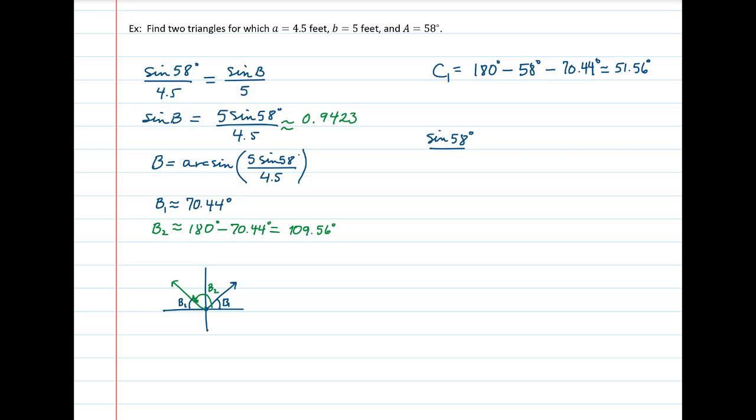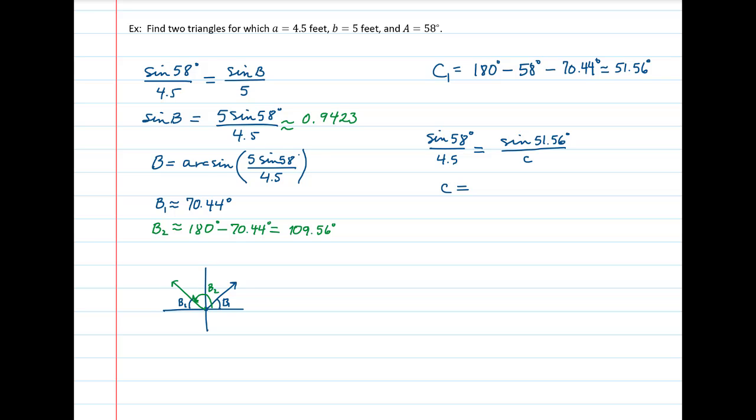Okay, so now the last thing for this first triangle, I just need to find what side c is. I have my three angles now and two sides, so I need to figure out that third side. Since we already found what angle C is, I'm labeling it as C1 to distinguish triangle 1 from triangle 2, one in blue, the other one in green.